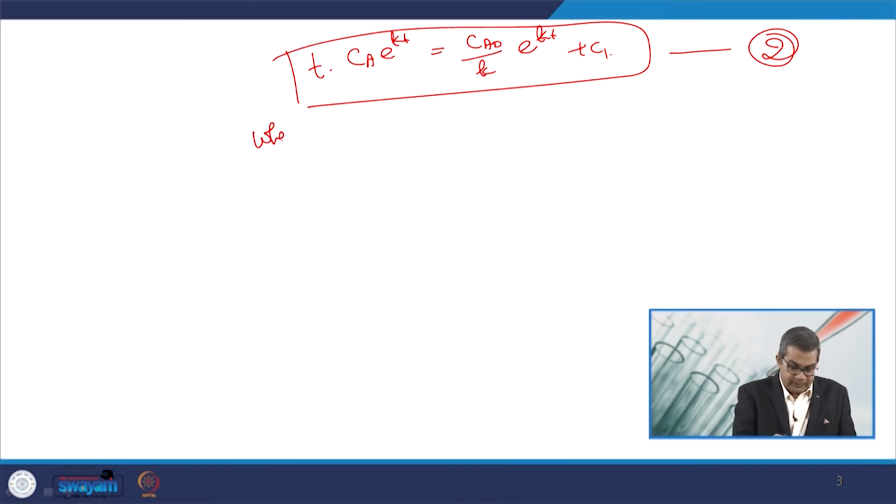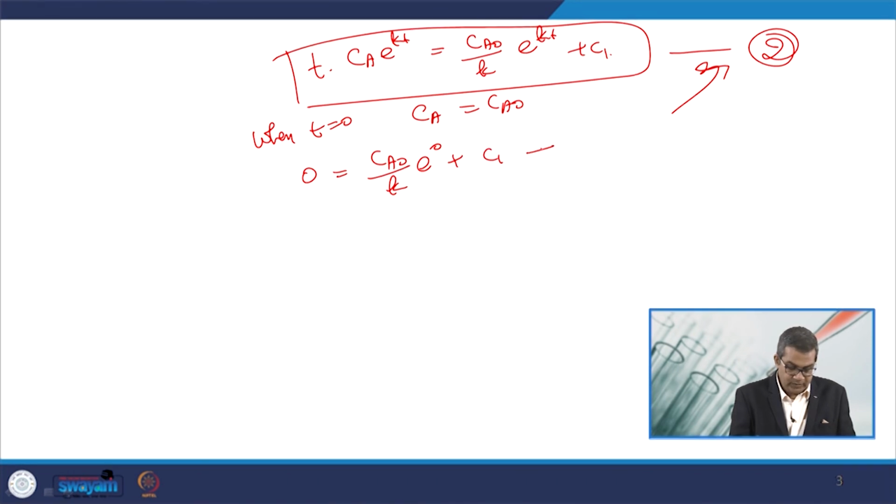So when t is equal to 0, CA is equal to CA0. From equation 2, we can write 0 is equal to CA0/k e to the power 0 plus C1, so C1 is equal to minus CA0/k. This is my equation number 3.